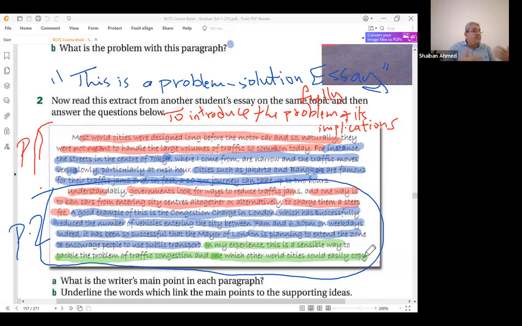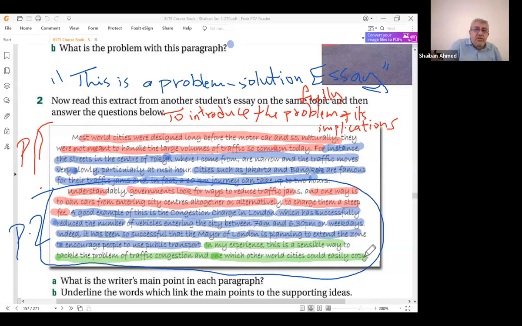It was successful. The mayor, meaning the governor or ruler of the city, is thinking to extend it, we say, the zone of this. Then my position, his position, in my opinion, in my experience, this is a sensible way to solve the problem, to tackle the problem of traffic congestion, and one which other world cities could easily copy.